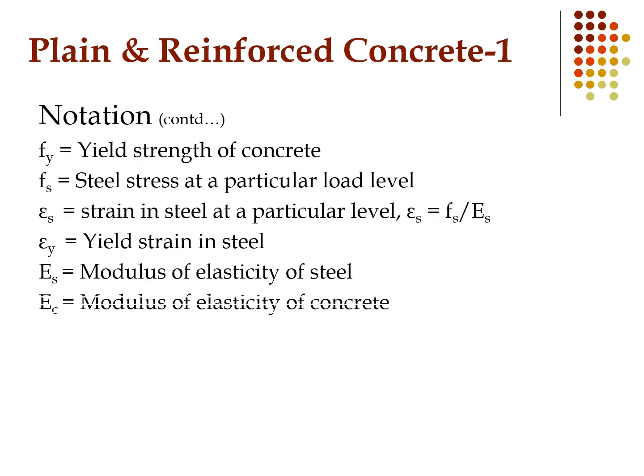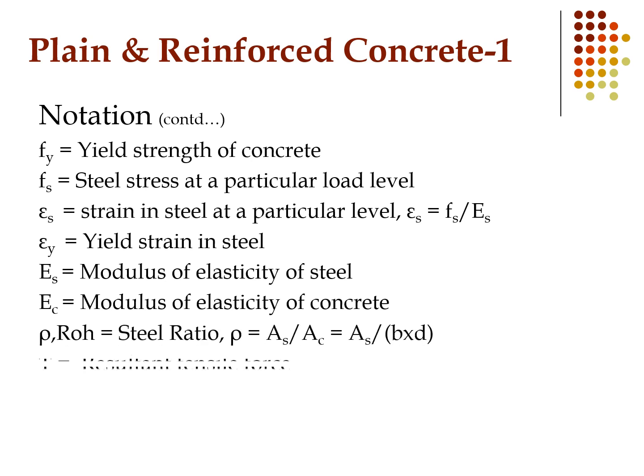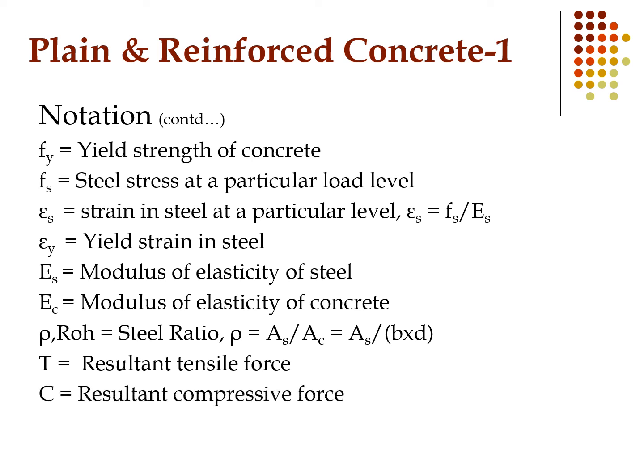Some more notation: fy represents the yield strength of steel. fs is the steel stress at a particular load level. Epsilon s is the strain in steel at a particular level. Epsilon y is the yield strain in steel. Es is the modulus of elasticity of steel. Ec is the modulus of elasticity of concrete.